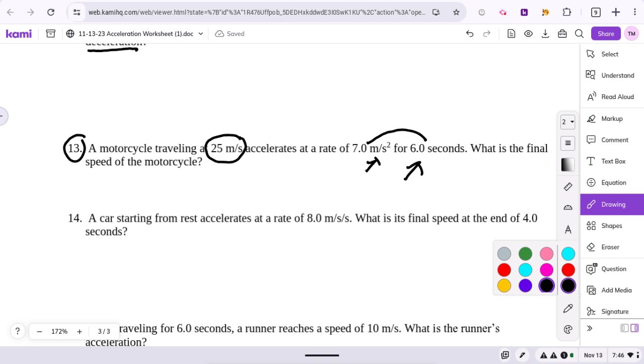So this one you can do just by having the initial velocity here, 25 meters per second, and it's going to be accelerating 7 every second for 6 seconds. So for this one, you can multiply, basic multiplication, right? 7 meters per second for 6 seconds, that'd be 42. So you would just need to add those rates together to get the final speed.